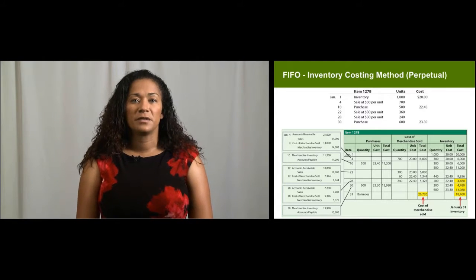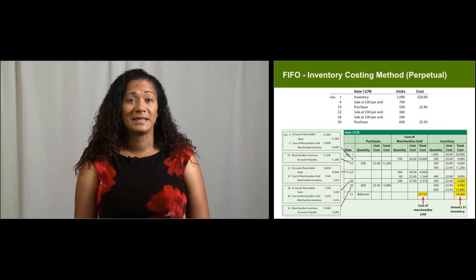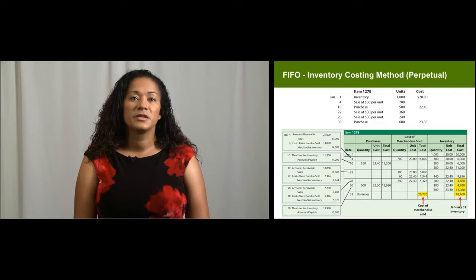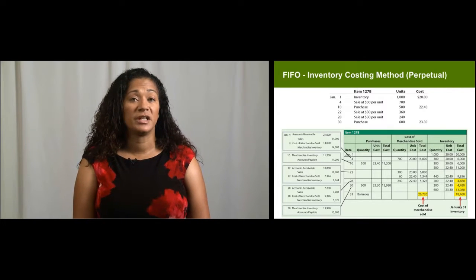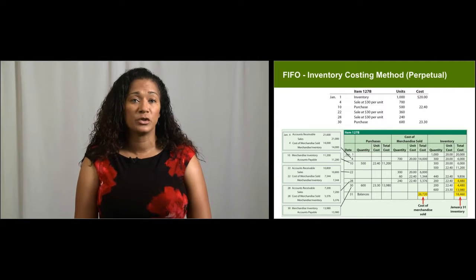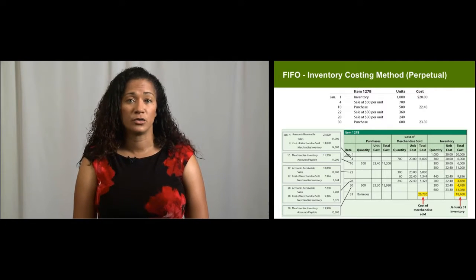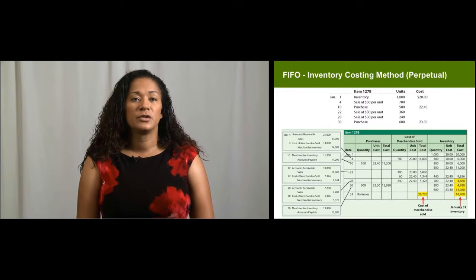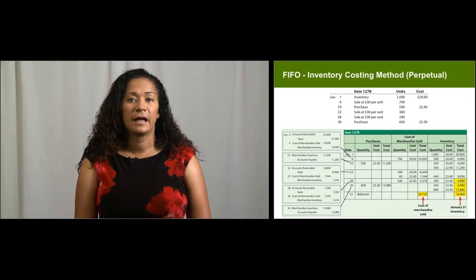On January 4th, the company sold 700 units at a selling price of $30 per unit. The first step is to enter the date, which is January 4th. Next, in the quantity column under Cost of Merchandise Sold, enter 700, which is the number of units sold. The next step is to enter the unit cost in the designated column under Cost of Merchandise Sold.